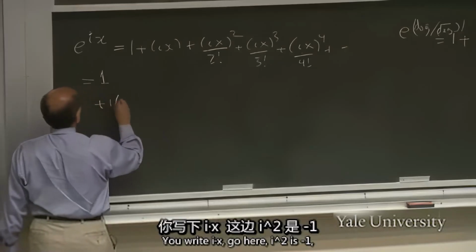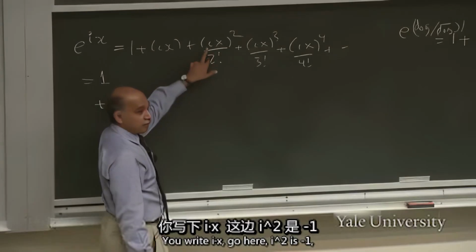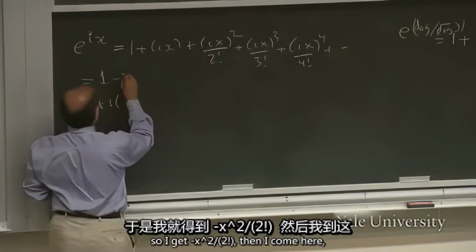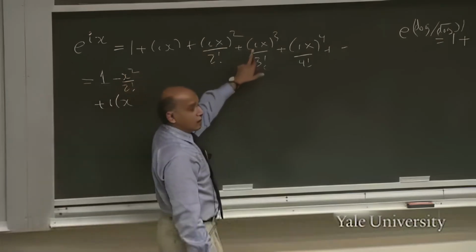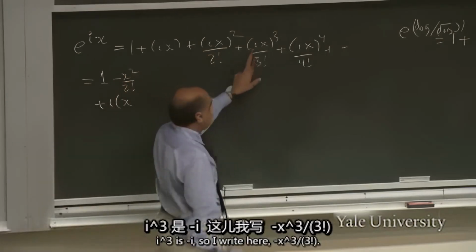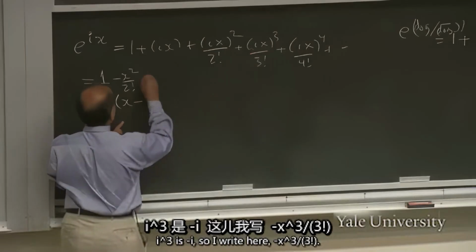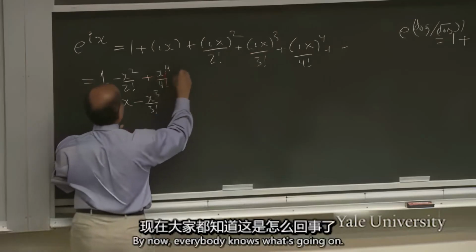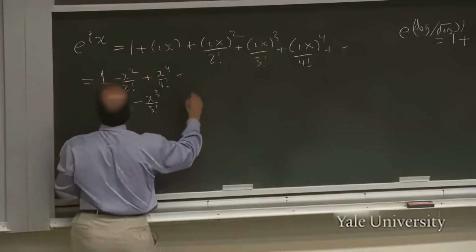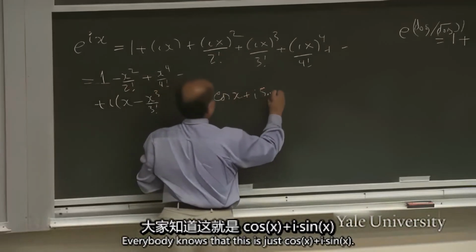You write i times x. Go here. i squared is minus 1. So I get minus x squared over 2 factorial. Then I come here. i cubed is minus i. So I write here minus i x cubed over 3 factorial. Then I go back here and write x to the 4th over 4 factorial. By now everybody knows what's going on. Everybody knows that this is just cosine x plus i sine x.